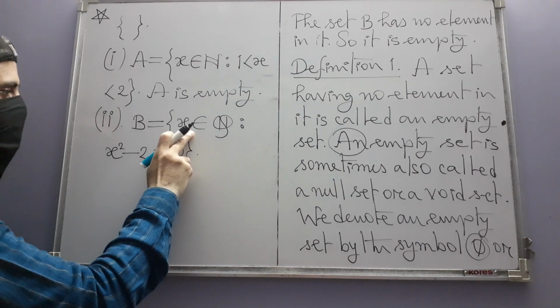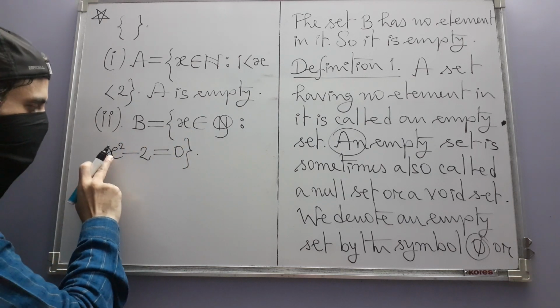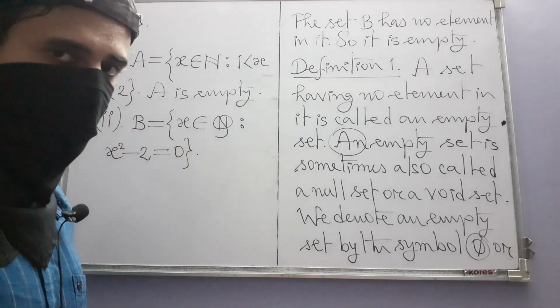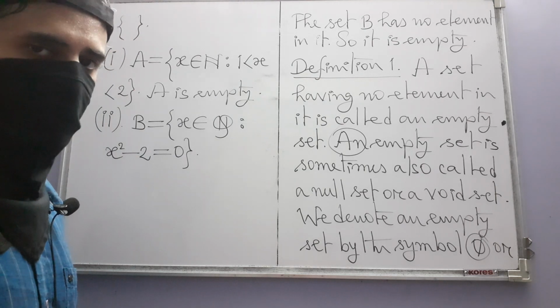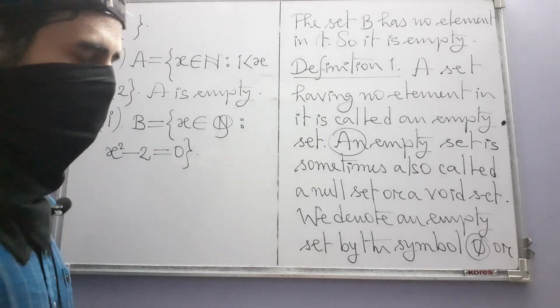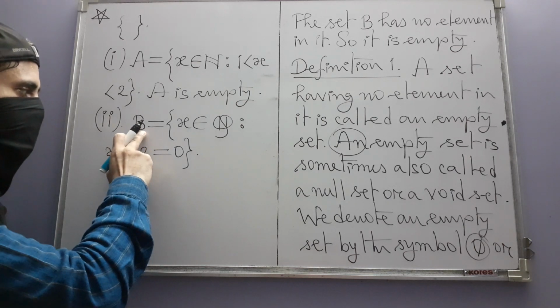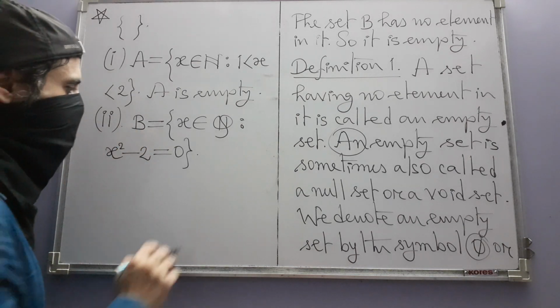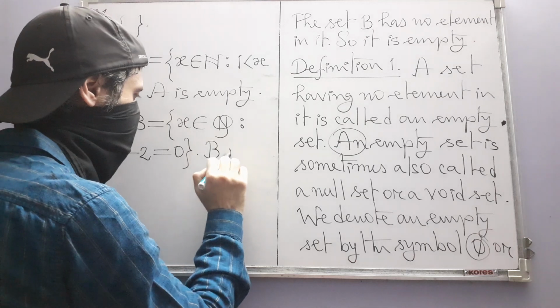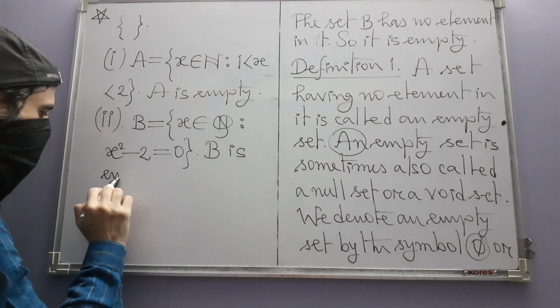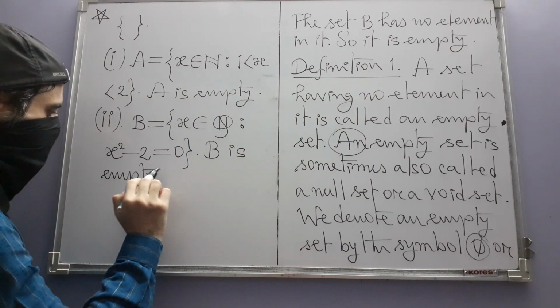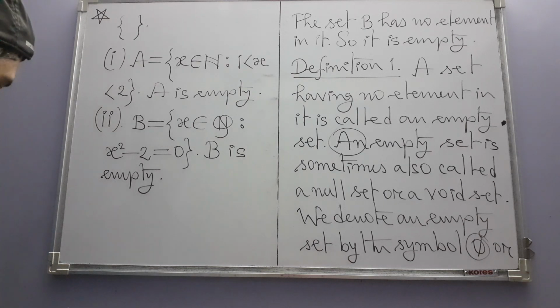If such a rational number exists, then its square must be equal to 2. But you know very well from your previous classes that no such rational number exists. So this set B also has nothing in it. That is why B is also empty. These are two more examples of empty sets.